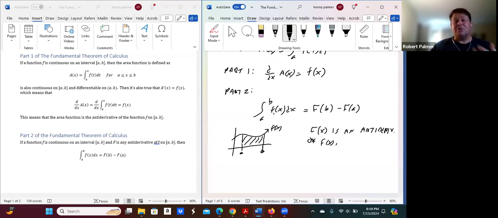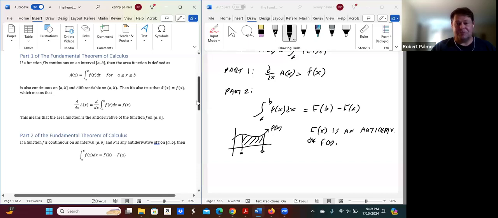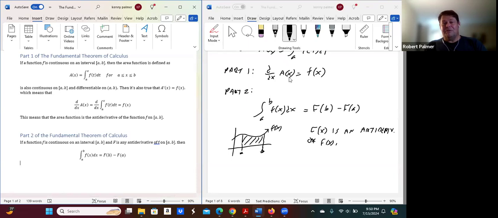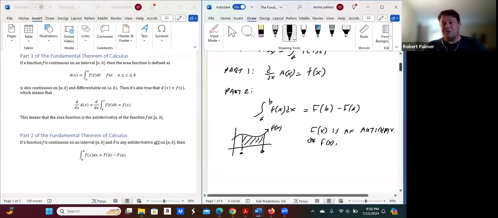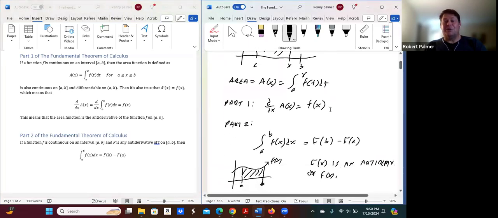Okay, so this is the most important version of the fundamental theorem of calculus. This is one we're going to use the most. This fundamental theorem of calculus, both parts, is what connects derivatives to integrals. Okay, so basically, if we have a function, and we integrate its derivative from a to x, then we get that function.